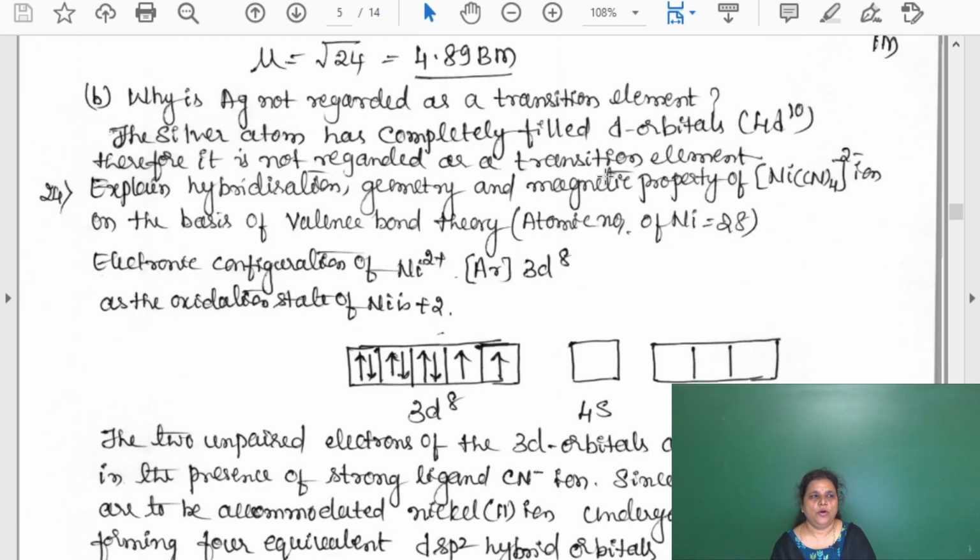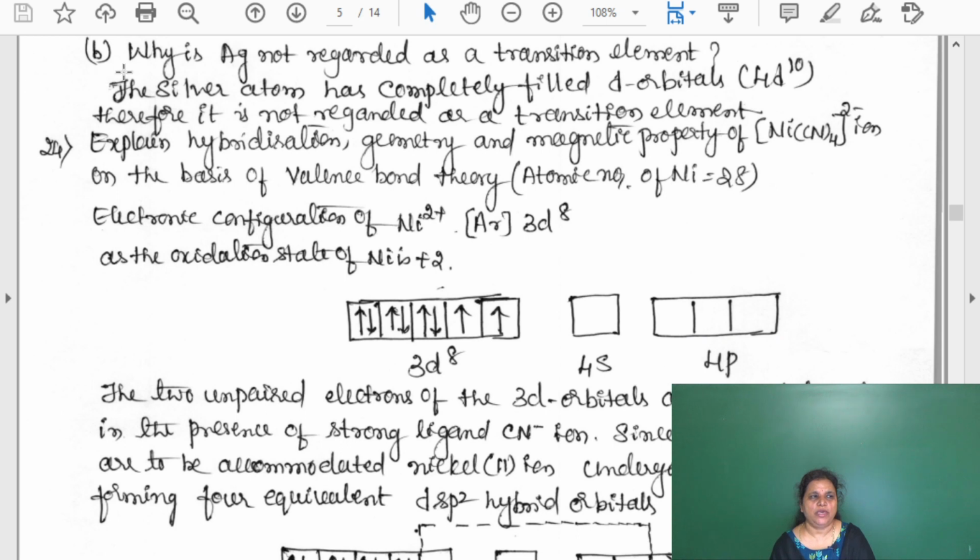Okay, now move on to the next question B. Why is silver not regarded as a transition element? The silver atom has a completely filled d orbital in its outermost shell, that is 4d10.